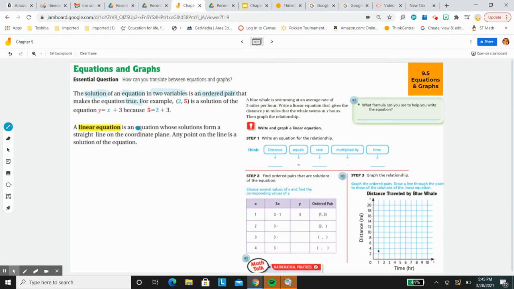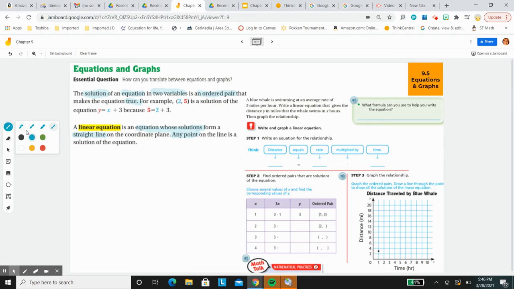A linear equation is an equation whose solutions, not solution, form a straight line. This is what we had in yesterday's lesson on a coordinate plane. Any point on the line is a solution to that equation, okay? Any point, do you see this? Any point on that line is a solution to an equation.